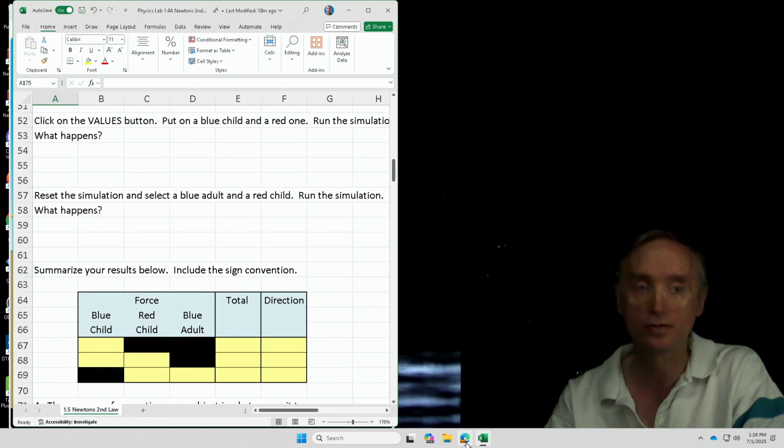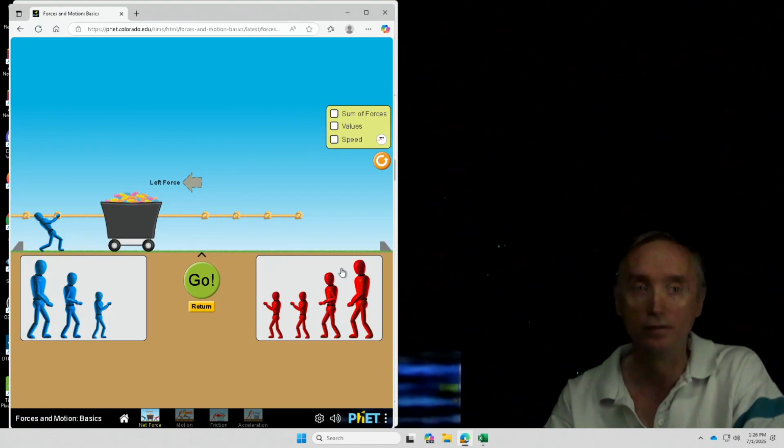Going back to here, if you click up here where it says the word values, that's going to tell you exactly how much force the blue child is exerting. That's given by this number right here, and that would be the number that you would put into that chart.